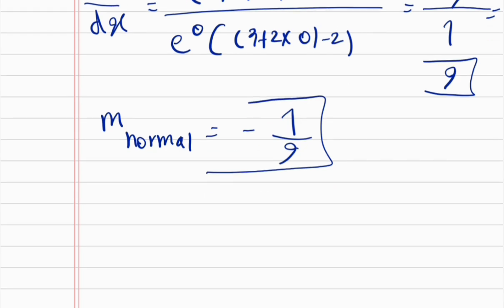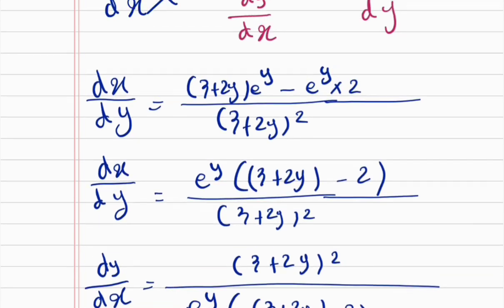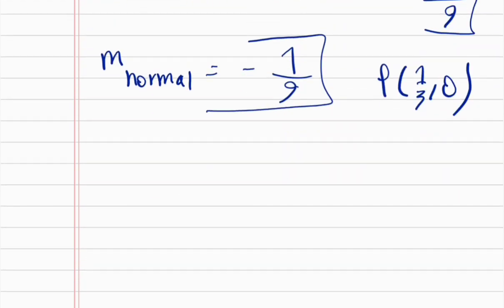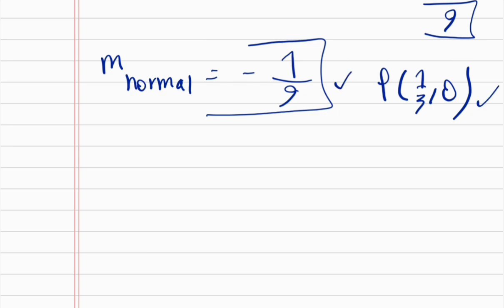Now we know the gradient, and we know the point, which is 1/3, 0. Let's find the equation of the normal. We use this form, y minus y0 is equal to m times x minus x0.